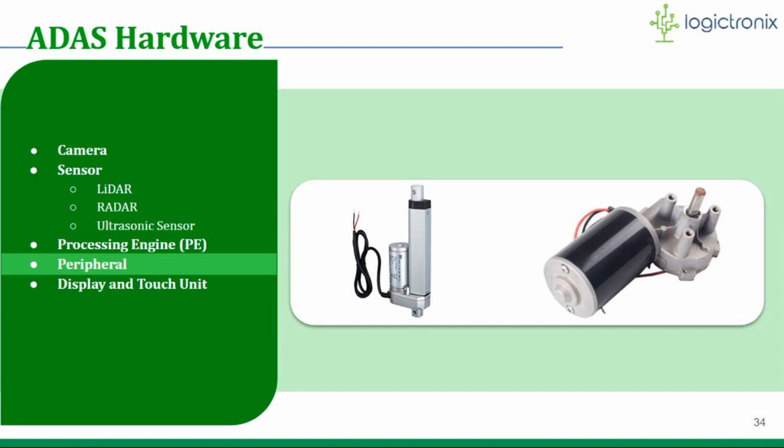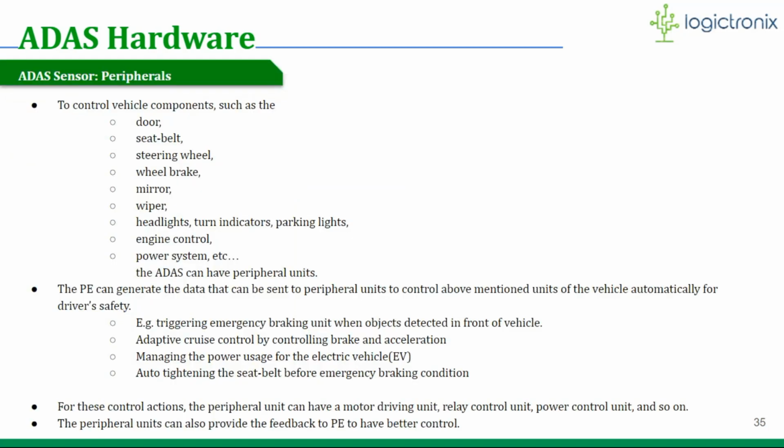Okay, let's go to our peripherals. To control certain vehicle components such as the door, seat belt, steering wheel, wheel brake, mirror, wiper, headlights, turn indicators, parking lights, engine, power system, and so on, the ADAS can have peripheral units.